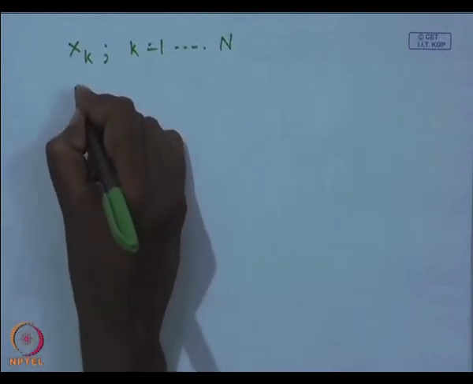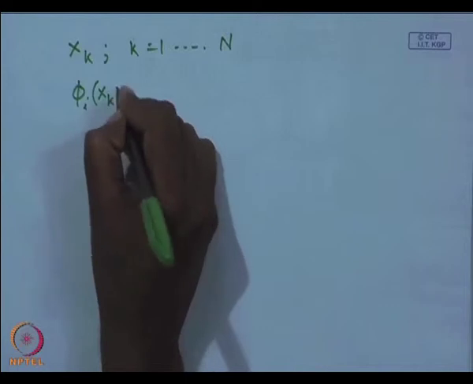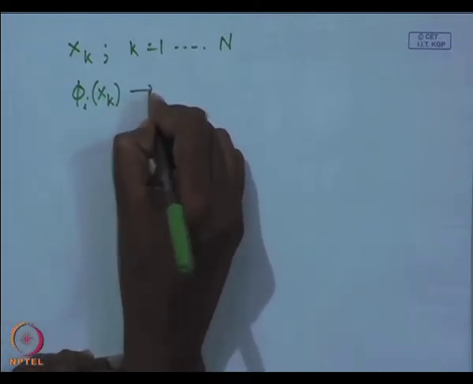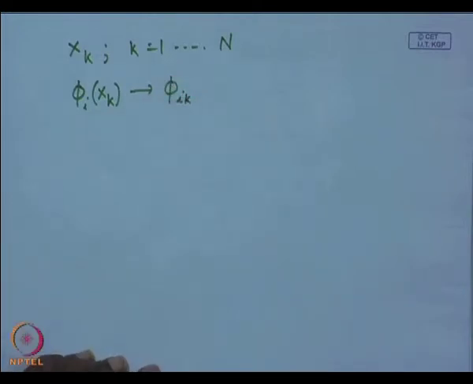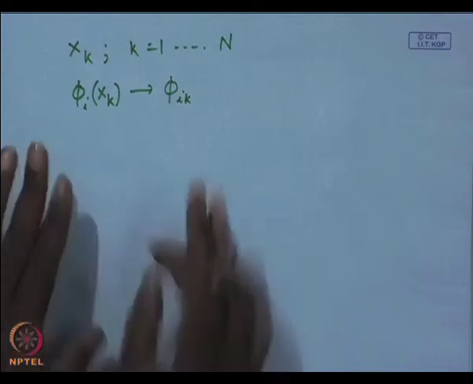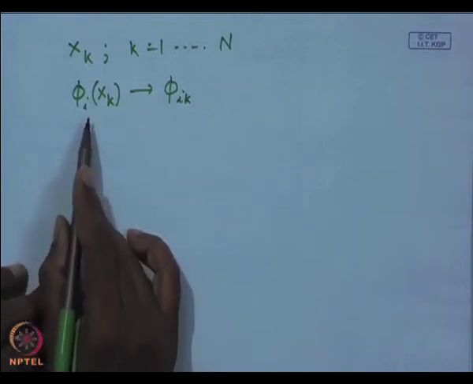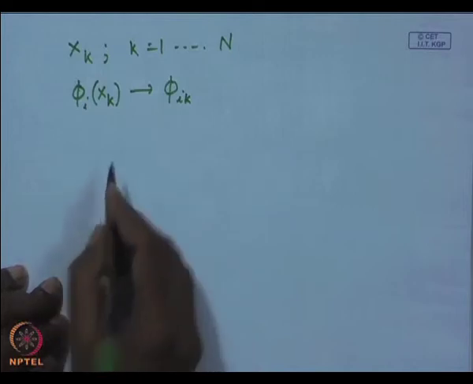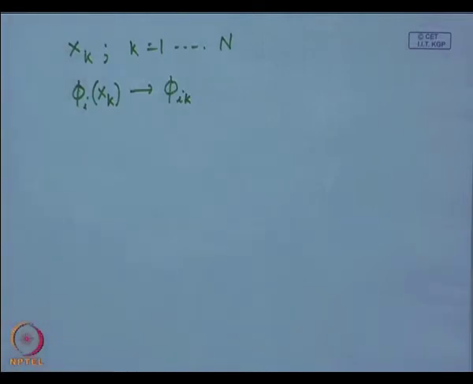Then phi i of x k, for simplicity I will write this as phi i k.